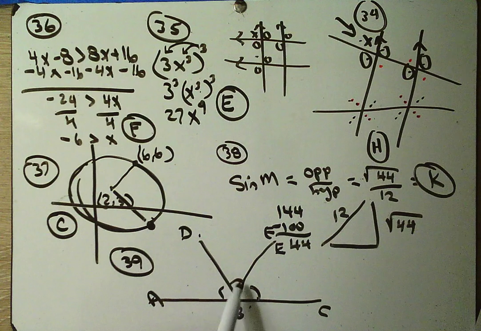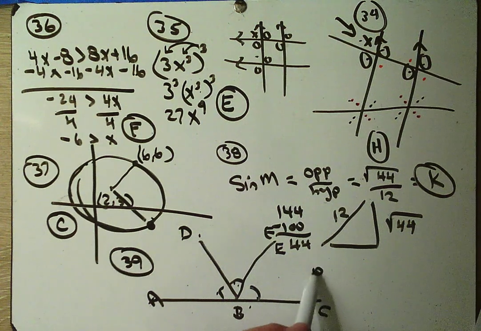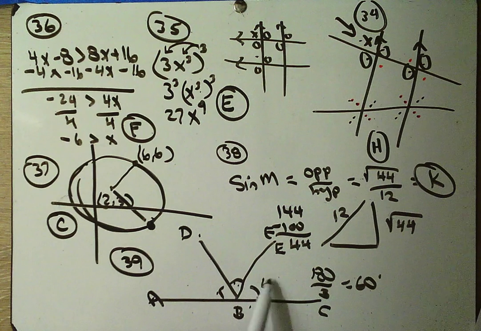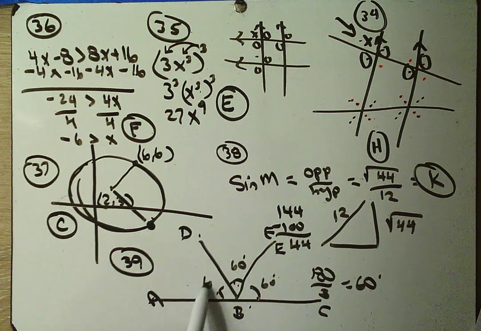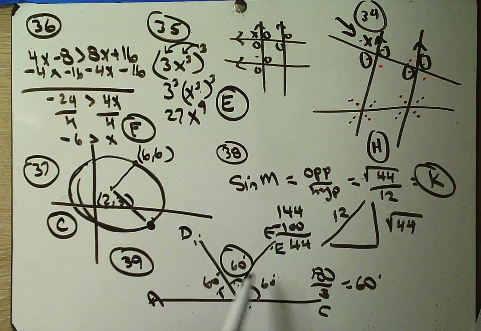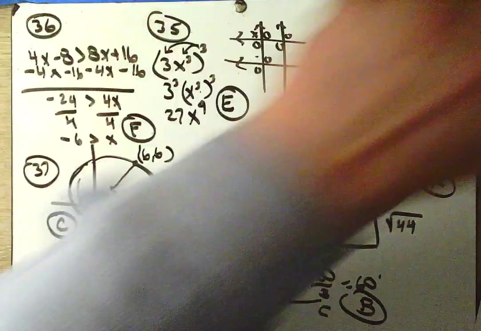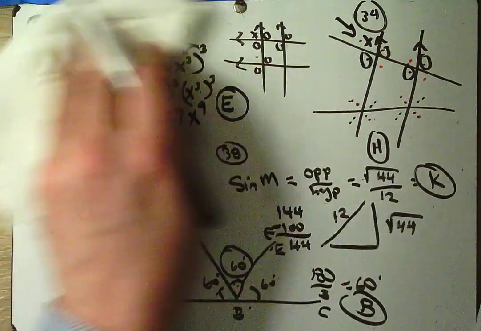So I know that this and this are equal. So I've got 3 equal angles here. That means 180 divided by 3 is 60 degrees. Each of these is 60. So what are we looking for? DBE, 60 degrees, and that's choice B for problem number 39. Okay, let's take a look at problem 40.